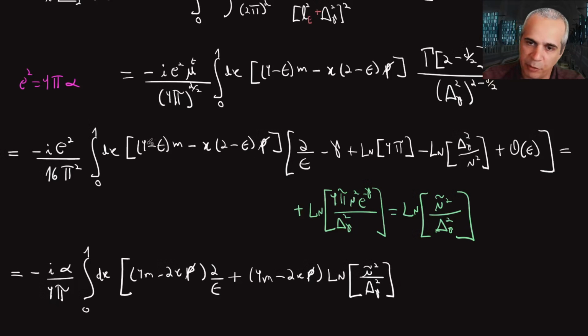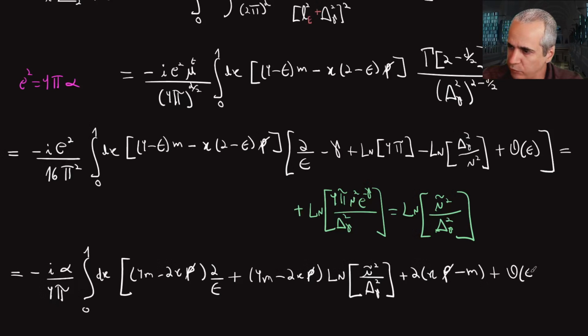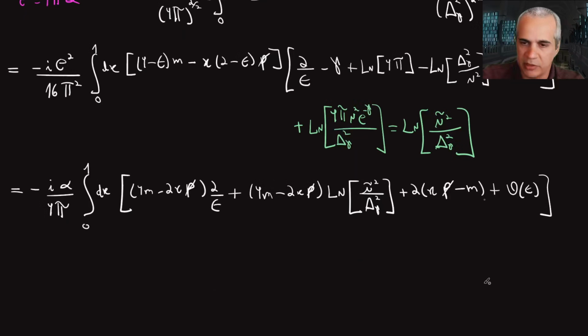Now there's the part proportional to epsilon in here, multiplied by 2 over epsilon. The epsilon will go away, and that will give me a finite part, which is x p slash minus m. And then everything else is just order epsilon, which I can forget eventually. This goes to 0 in 4 dimensions. So for now, what is important to us is that this is the diverging part right here.